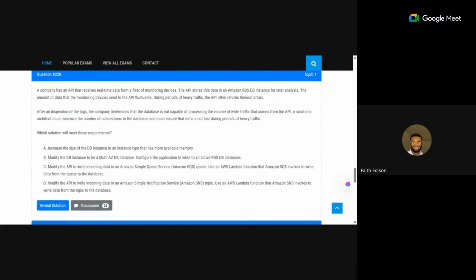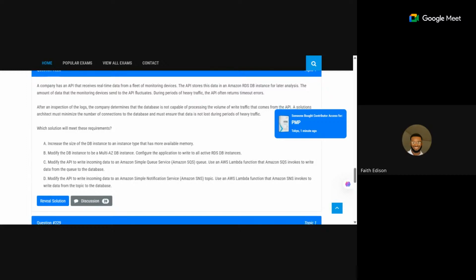Okay, a company has an API that receives real-time data from a fleet of monitoring devices. The API stores this data in RDS for later analysis. The amount of data that the monitoring devices send to the API fluctuates.